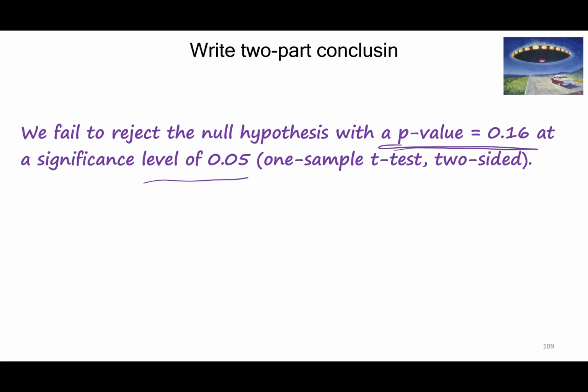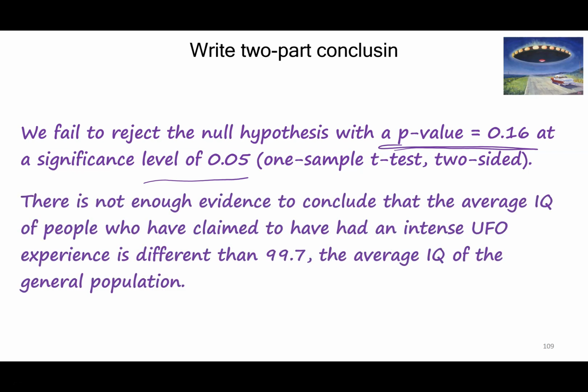If I'm using that spectrum of p-values, this is little to no evidence, or very weak. There's weak evidence to conclude that the average IQ of all people that have claimed to have an intense UFO experience is different than 99.7, which is the average IQ of the general population in the US.